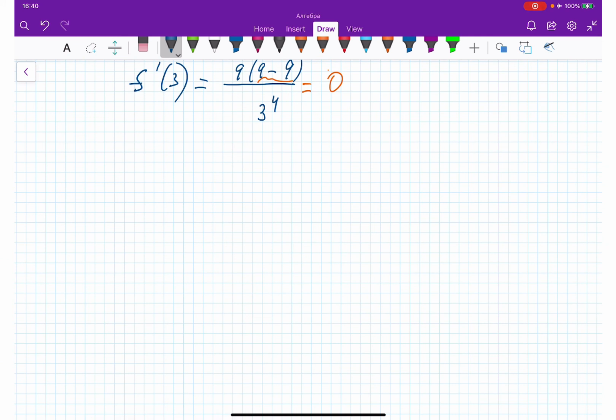Let's take the example of sine x. So what do we have for sine x?